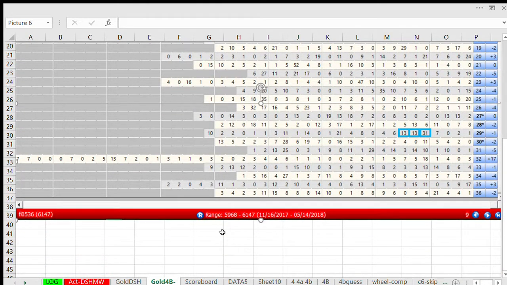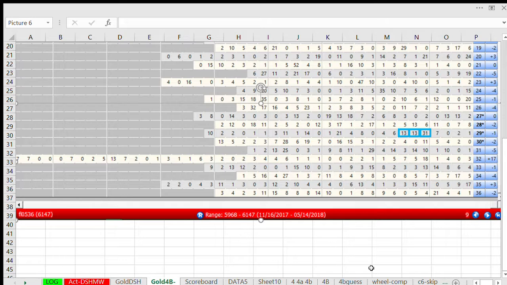The range is from 5968 to 6147, and that's, actually, no, I'm sorry, that was 180 drawings. So basically, I went back half a year approximately. I approximate my years by 180, then 360, and then 2 years would be 720 draws.